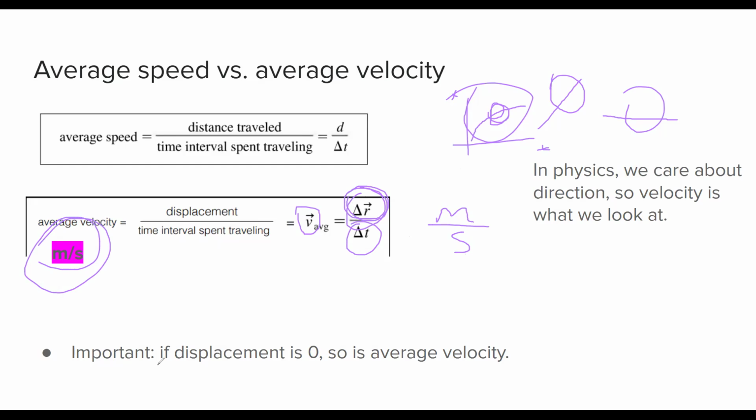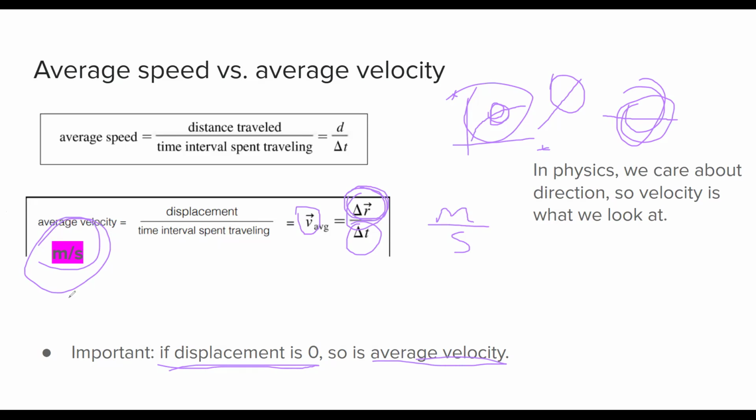It's important that if the displacement is zero, so would the average velocity be. Because if this numerator is zero, that would make the whole thing zero. That's algebraically, I guess, how you could think about it. And once again, if there's no displacement, so would the velocity be zero.